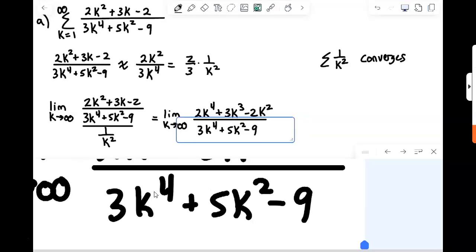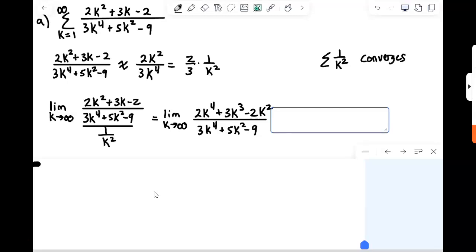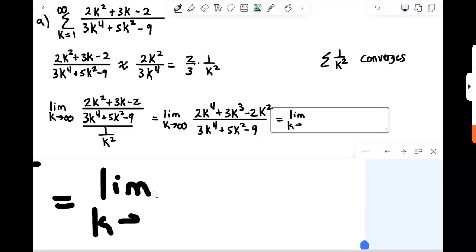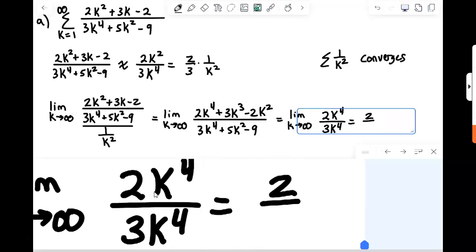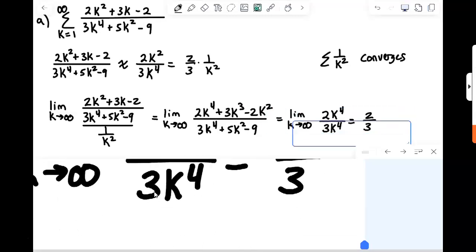All that matters are the leading terms, 2k to the 4th over 3k to the 4th. And so this limit becomes 2/3.